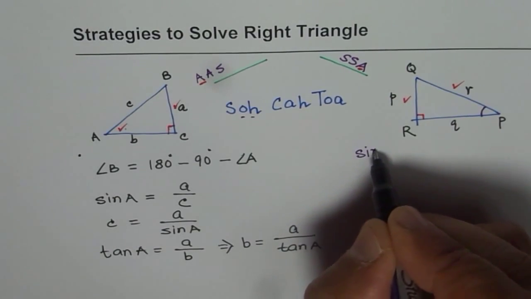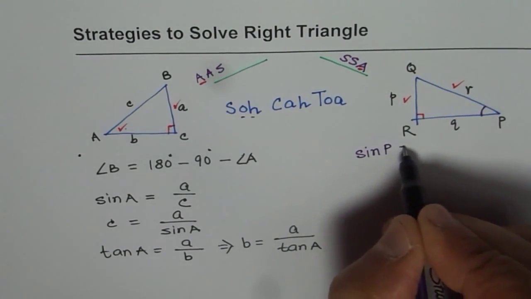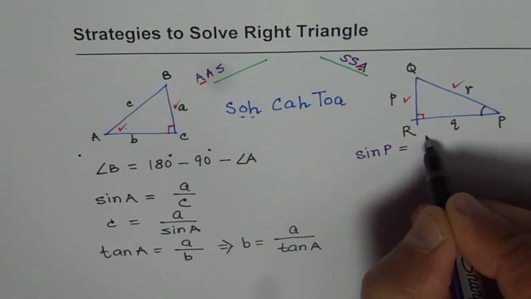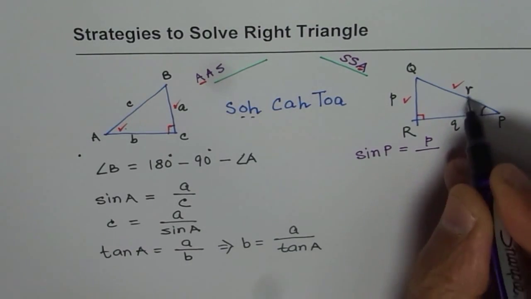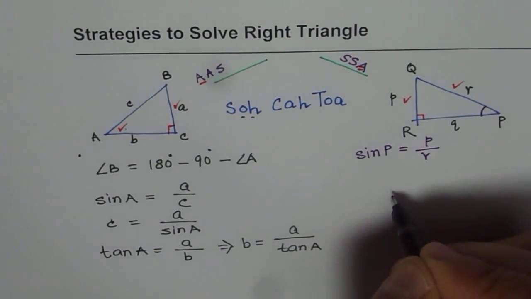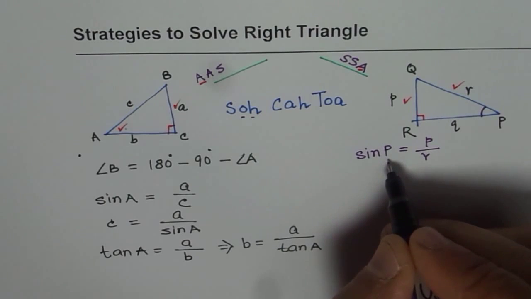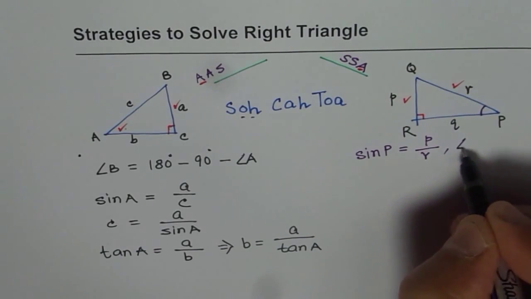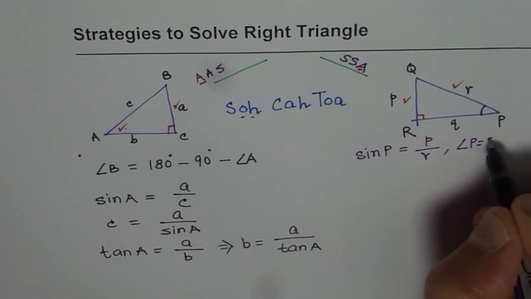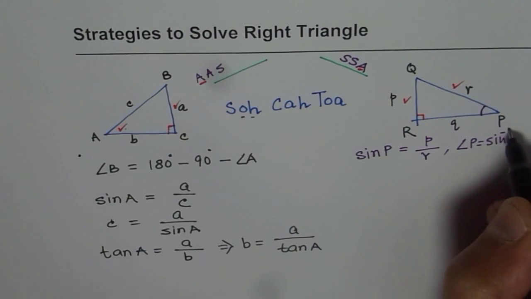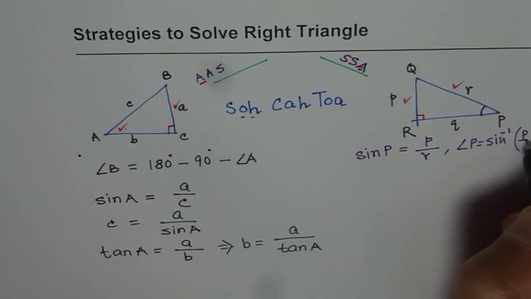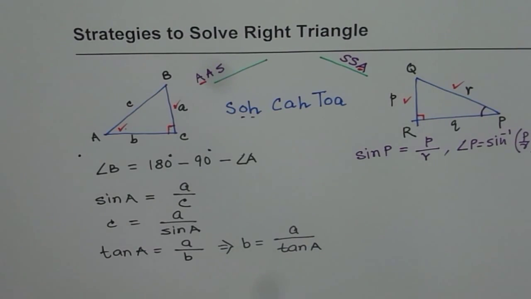So we can write sine of angle P is equal to the known side p over the hypotenuse r. Now we can find angle P using the inverse trigonometric ratio, right? So that will give us angle P equal to sine inverse of p over r. Do you understand?